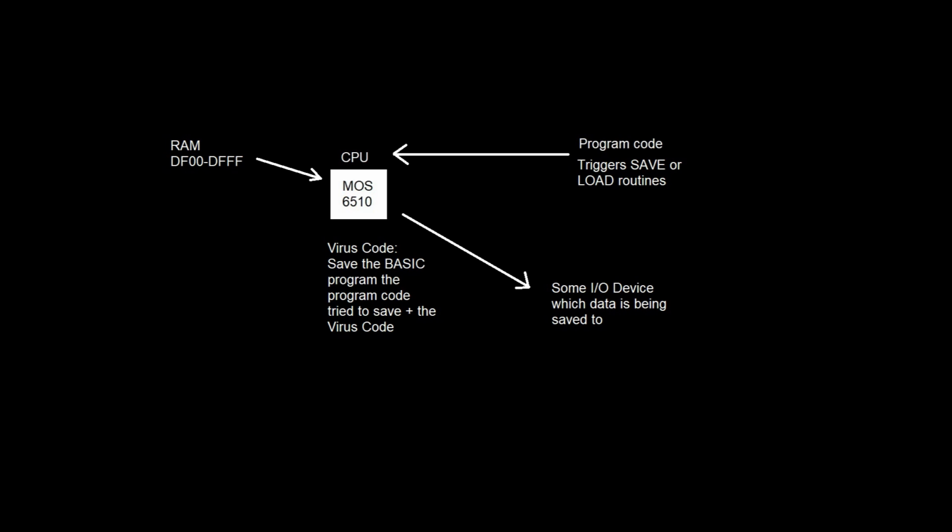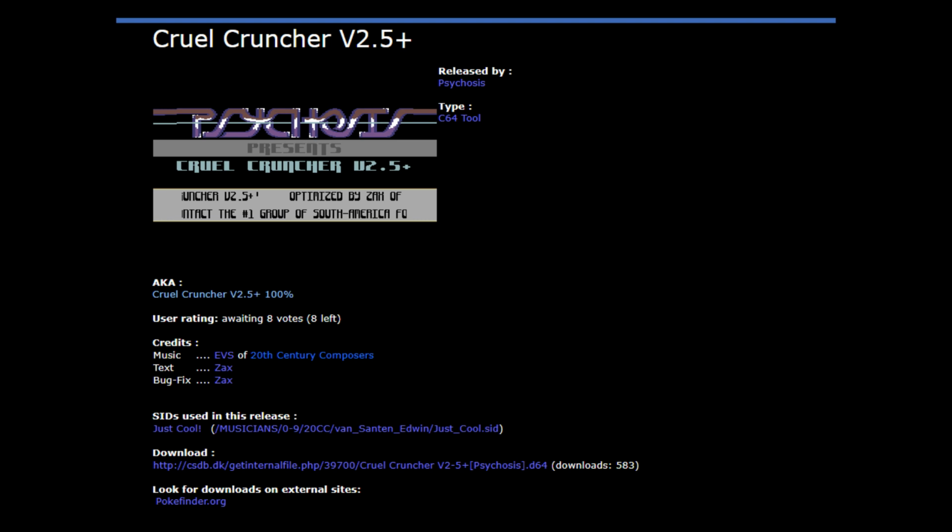In particular, Cruel Cruncher. The result being, for this use case, that it would be impossible to detect the virus in a program without unpacking it first, but it can still be gotten rid of by just turning the computer off and on again and just not risking it with that program anymore if you detected an infection.